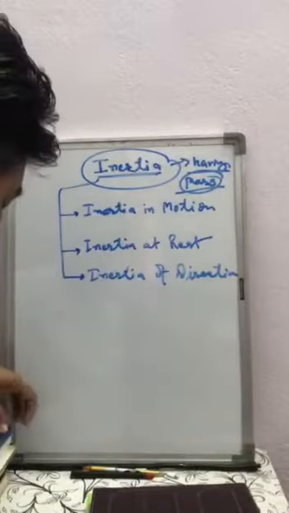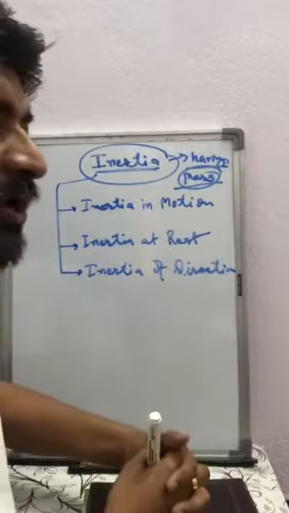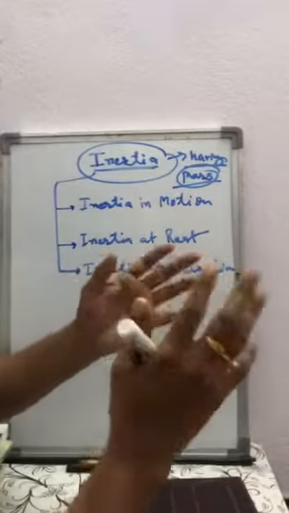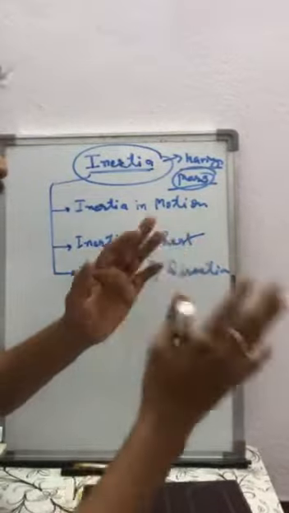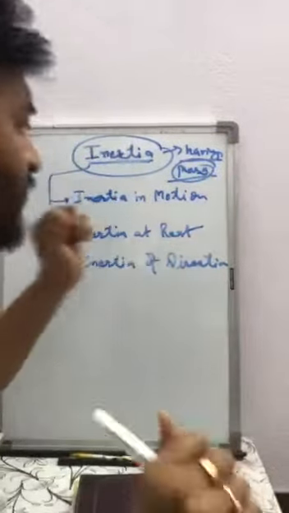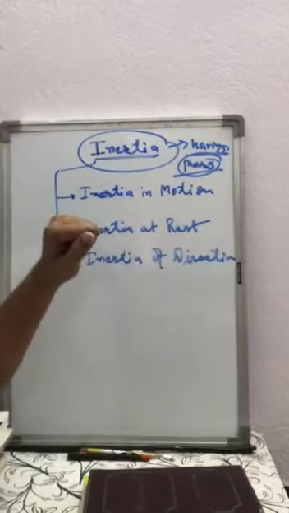For example, अगर कोई बॉडी चल रही है यूनिफॉर्म स्पीड से, तो वो बगैर किसी एजेंसी के अपने स्टेट ऑफ यूनिफॉर्म मोशन को चेंज नहीं कर सकता है. नाउ इनर्शिया ऑफ रेस्ट, इनर्शिया एट रेस्ट.